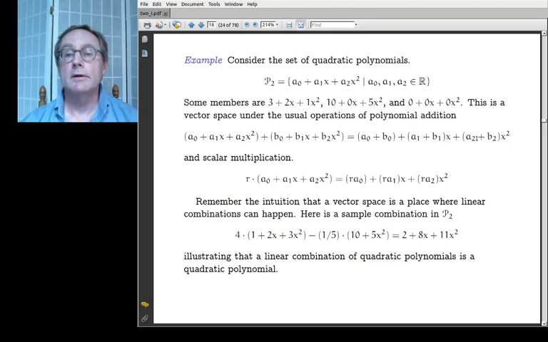That's exactly right: the constants, the coefficients of x, the coefficients of x squared. And we know perfectly well what it means to scalar multiply a quadratic polynomial. If you have a quadratic polynomial like 3 plus 2x plus 1x squared, you could perfectly sensibly multiply it by minus 106. That is to say, you simply multiply component-wise: r times a0, r times a1, r times a2.